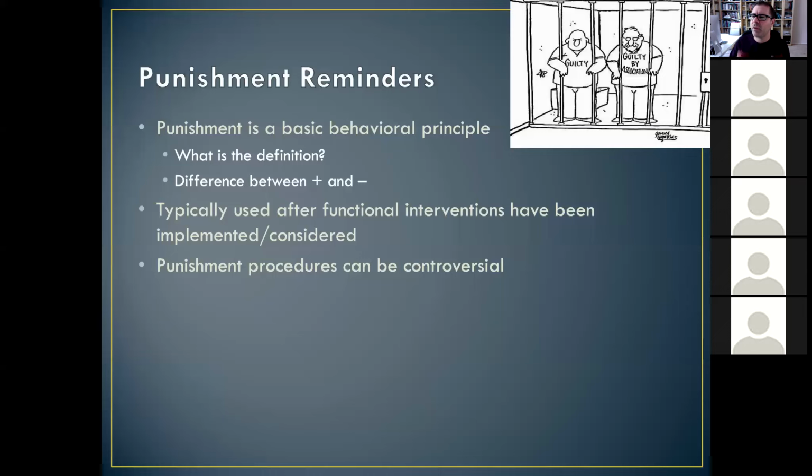Now, even though in some cases punishment may be necessary, punishment can be quite controversial, right? So there are definitely several ethical discussions about whether punishment should be used and when. In the next chapter, there's going to be a whole section on the ethics of punishment. So we'll talk about negative punishment in this chapter.